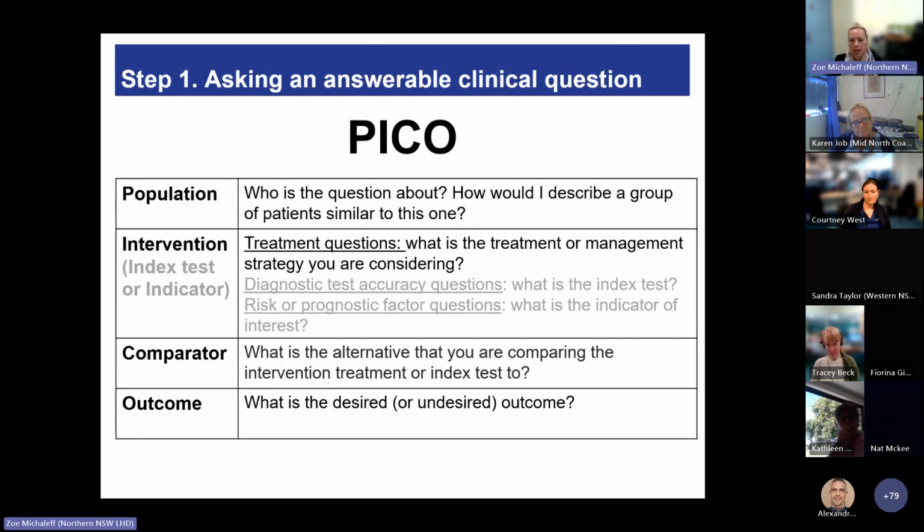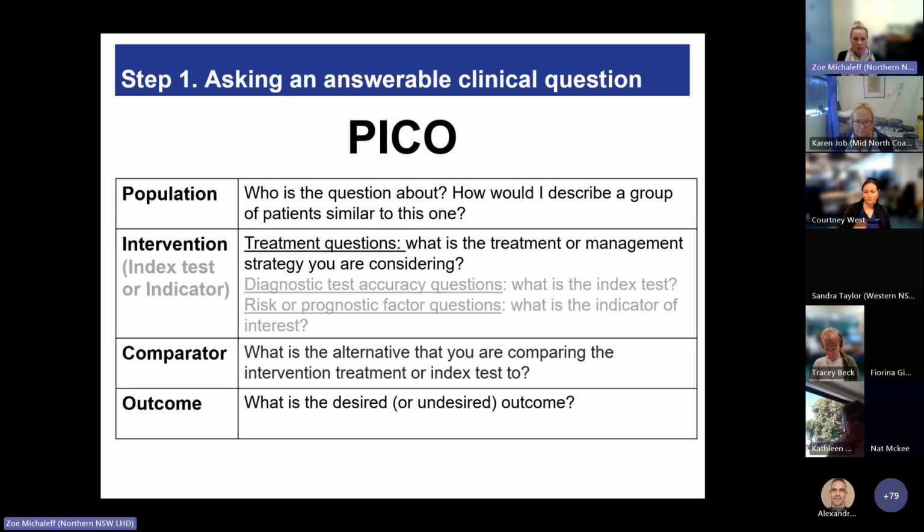So the index test again is this new test or assessment that you're looking to implement. And if your question relates to risk or prognostic factor questions, the I stands for indicator. So what's the indicator of interest? An example might be, does age predict a person's recovery of aphasia after a stroke? So the indicator in this instance was age.